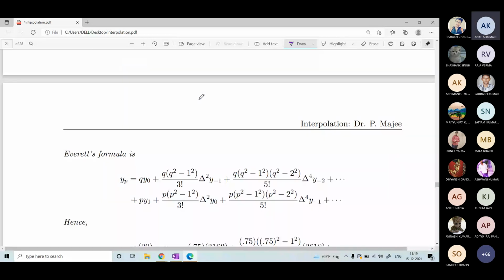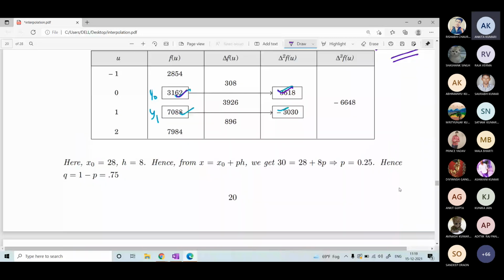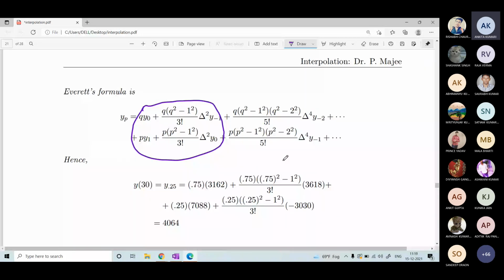So their value will be P into y1 plus P into (p square minus 1) by factorial 3 into del square y0. So only these four terms will be there, because only 4 elements are taken from the table. So only 4 terms will be there in Everett's formula, these circled terms. You substitute the values, and you will get the output answer.